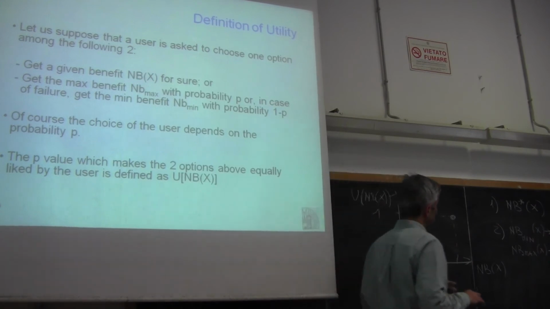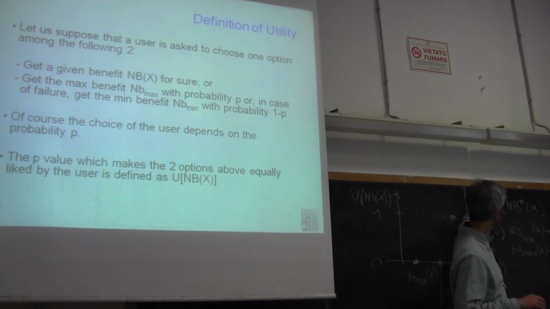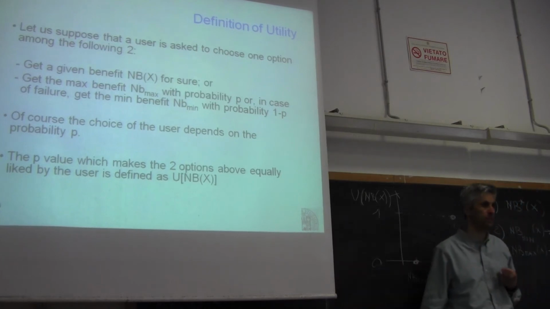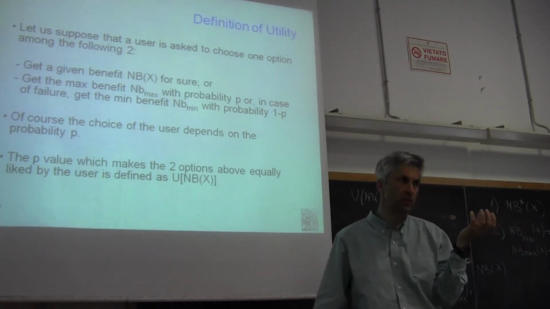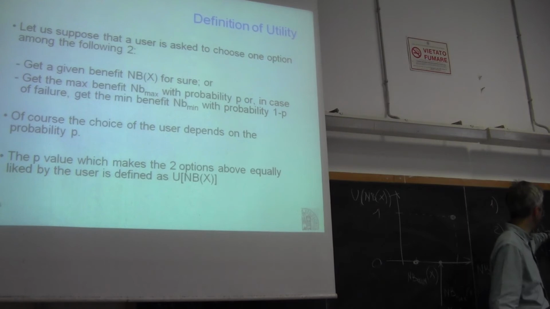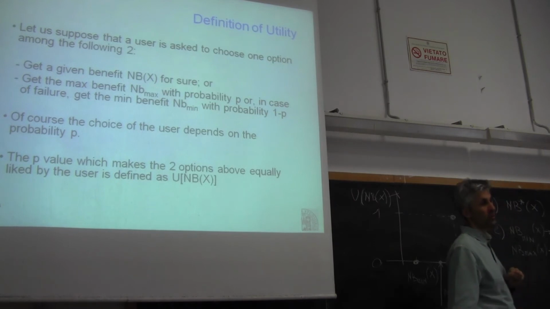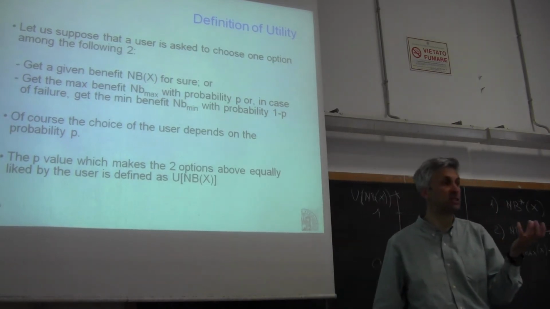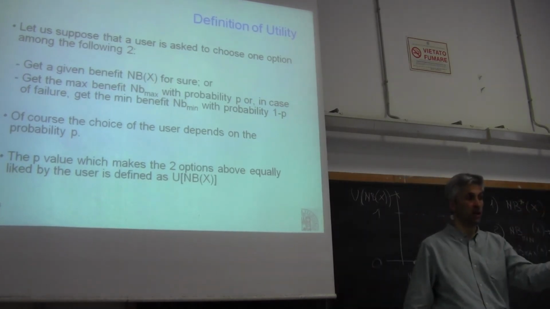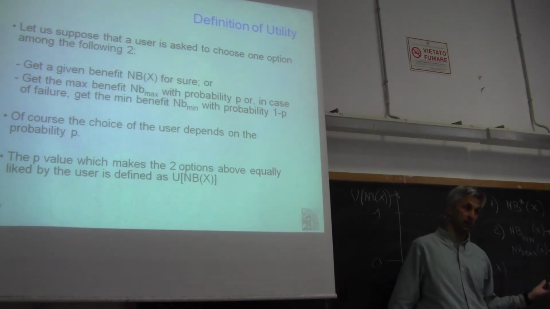Now, if you are asked, would you prefer to get MB star for sure, or would you prefer to get MB max with probability p, where if you fail in getting MB max, you get the minimum with probability 1 minus p? So basically, if one would tell you, would you prefer a situation where you get a benefit of 60, or a situation where you have a probability of 10% of getting the benefit of 100, and the probability of 90% of getting a benefit of 10?